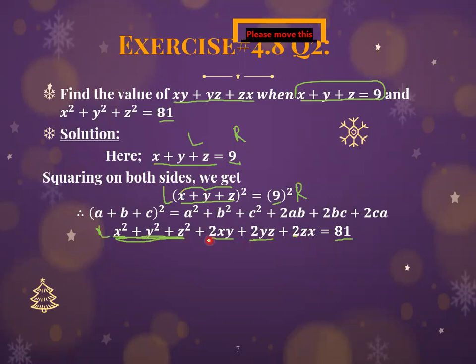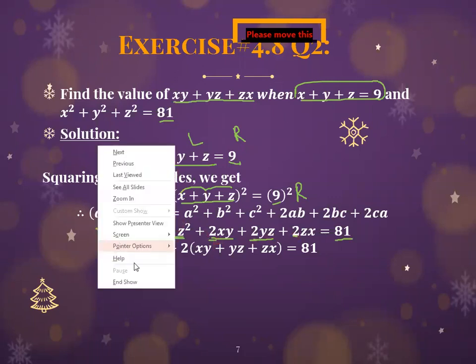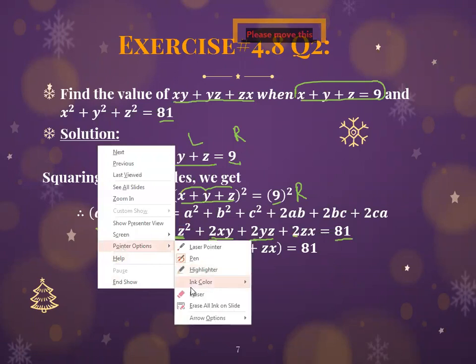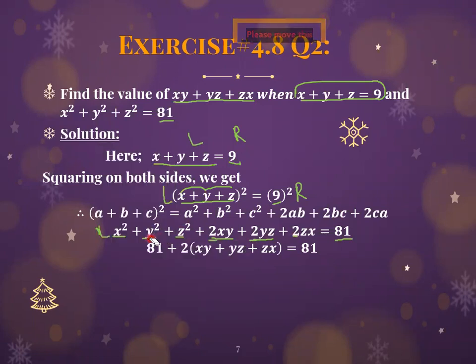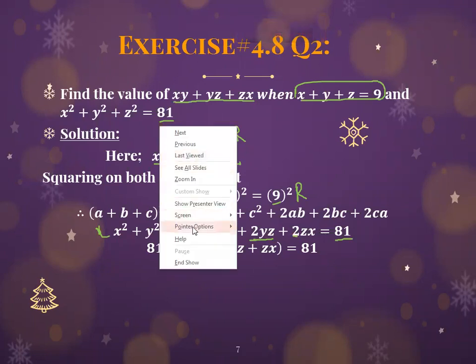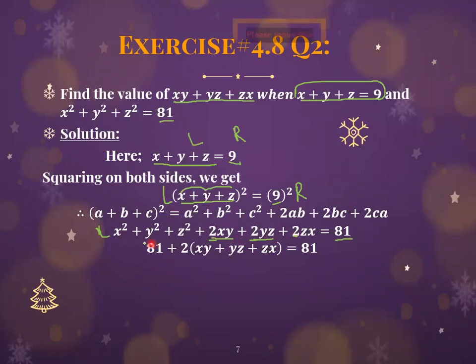So what will you do with this 2? Simply you will take 2 as common here. I'm going to erase it, just a minute. Now look, this one, x square plus y square plus z square, is equal to 81, which is given in your question.